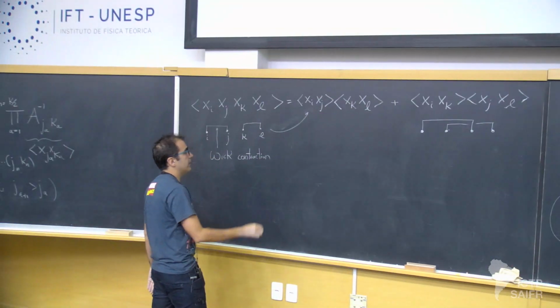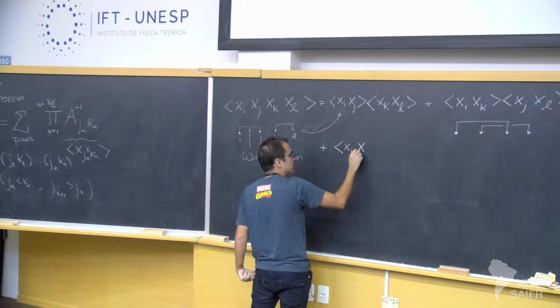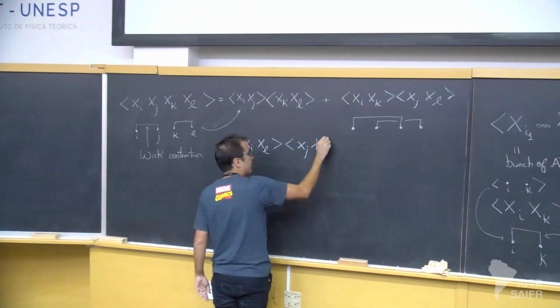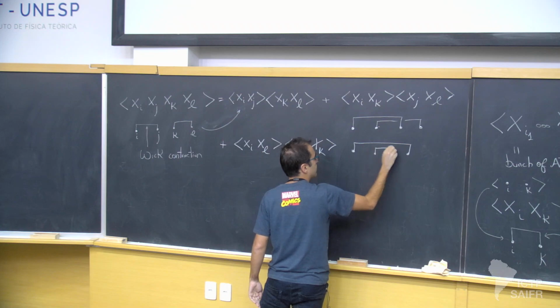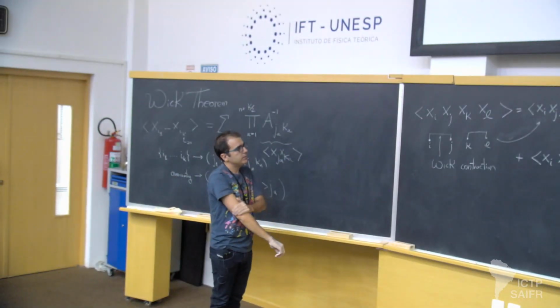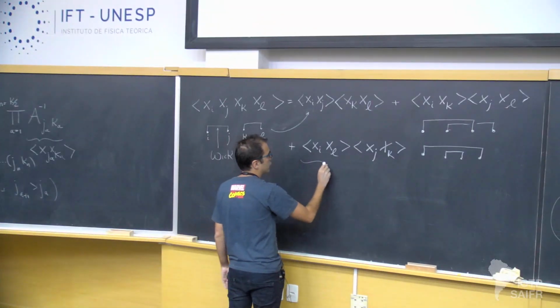And what's the last one? Now i connects with the last one, i with l, j with k, right? Which would be this. Where each of them, I chose to write it in this way.